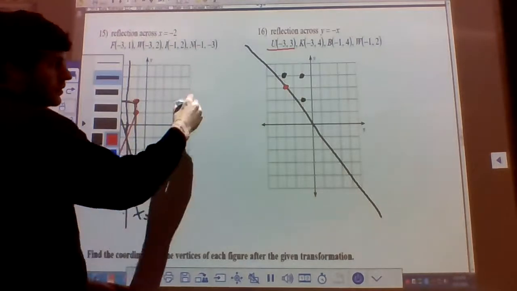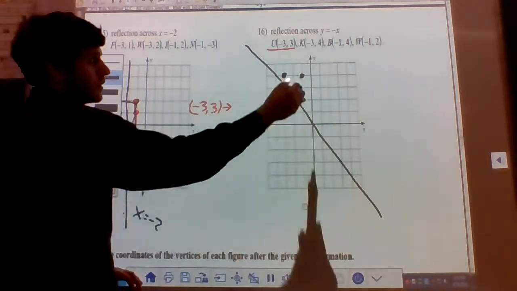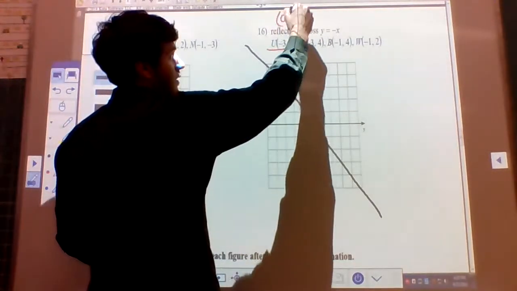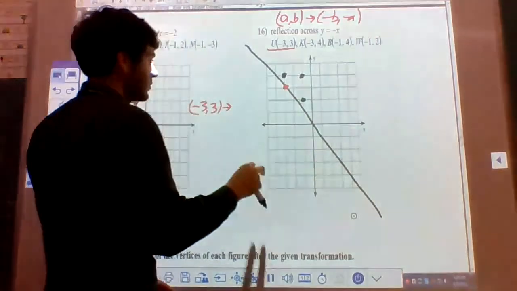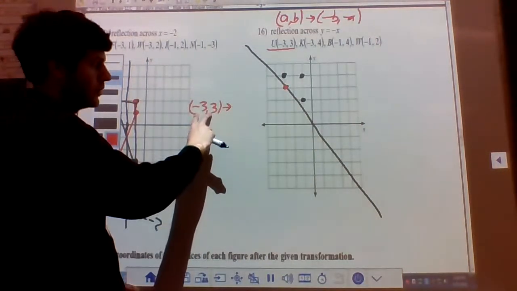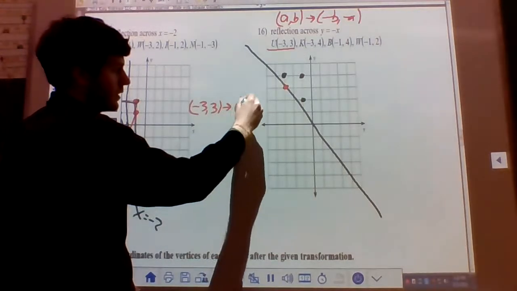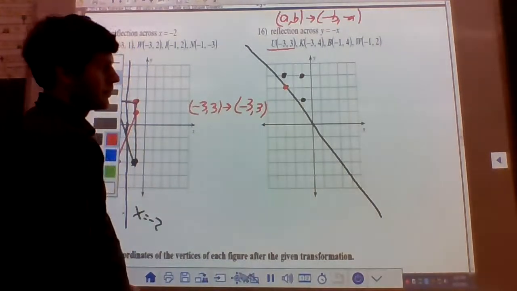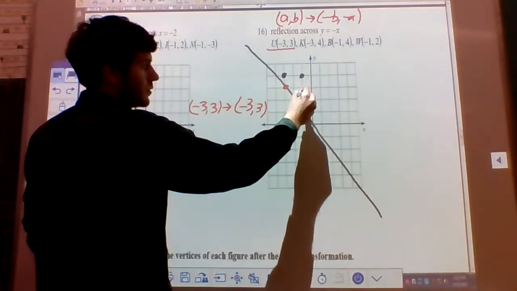Okay. (-3, 3). Okay, and again, our rule here is that (a, b) is going to go to (-b, -a). So I want to switch 3 and -3, and it becomes (3, -3), but you want to flip the sign, so it's going to stay (-3, 3). This point here, wait, let's go in order.